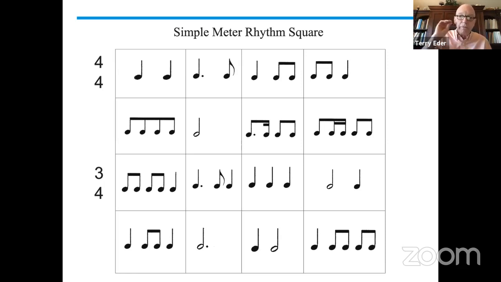So if we're in 4, 1, 2, 3, 4, ta, ta, ta, ta, and so on, and I normally end on that half note.